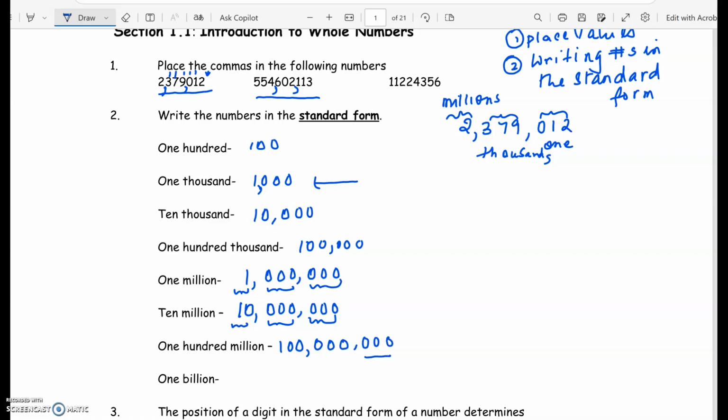The ones period, the thousands period, and the millions period. Now let's write down a billion. A billion has 9 zeros. This is the ones period, this is the thousands period, this is the millions period, and this is the billions period.